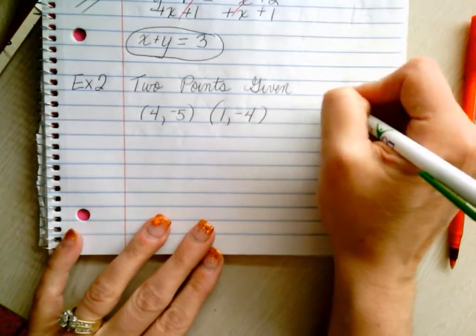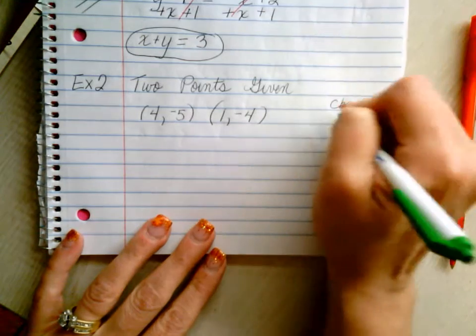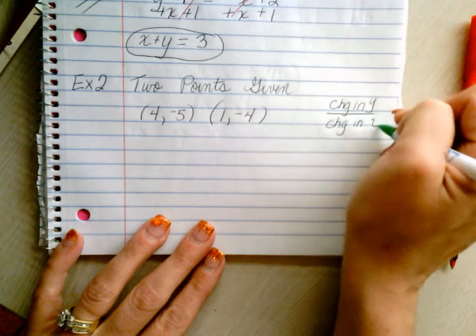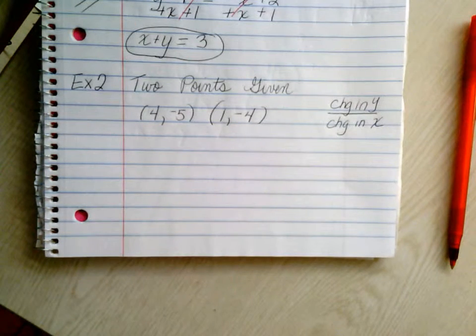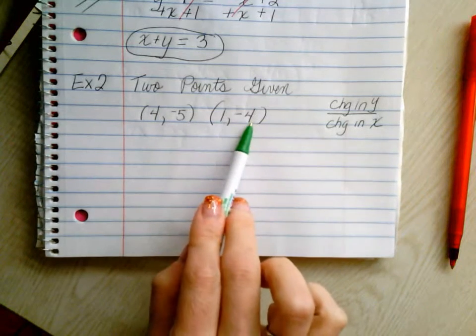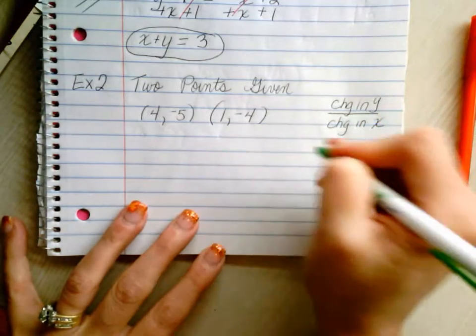Awesome. So you can do change in y over change in x. Change in y over change in x. And you could just throw those 2 y's on the top, throw those 2 x's on the bottom, find the difference. So I'm going to do that.